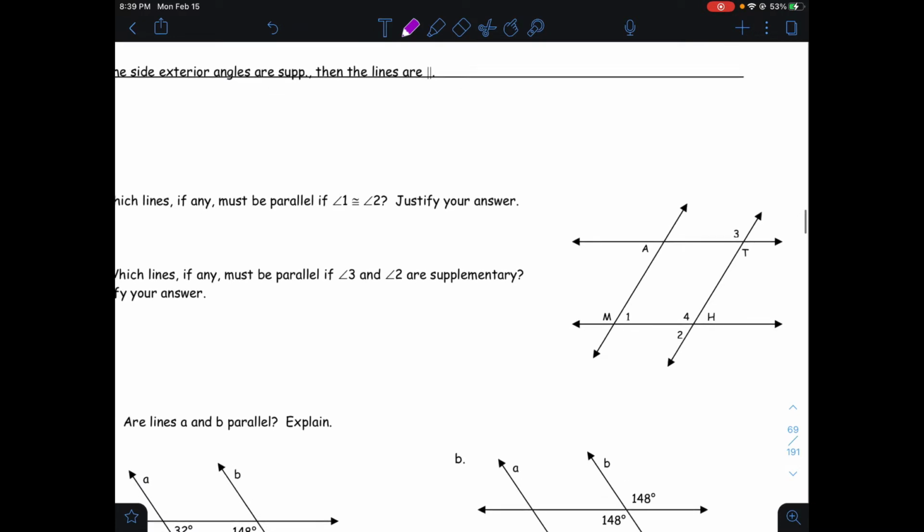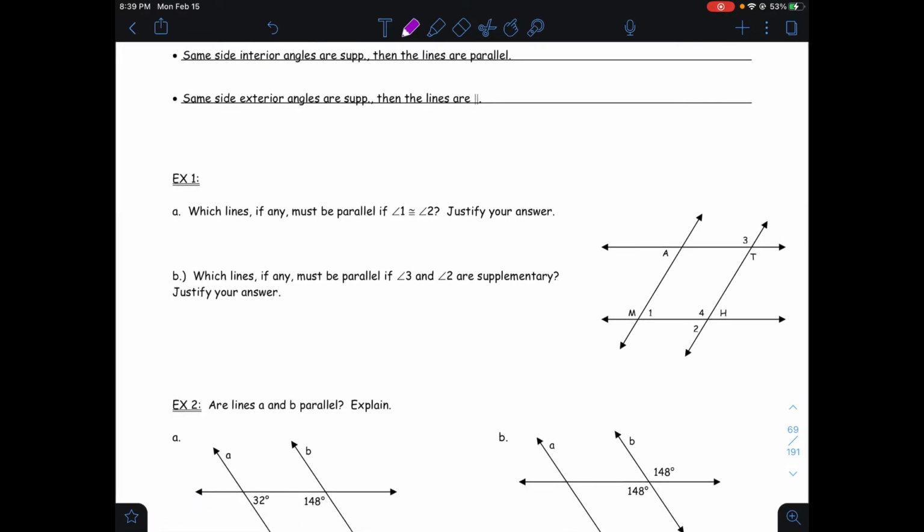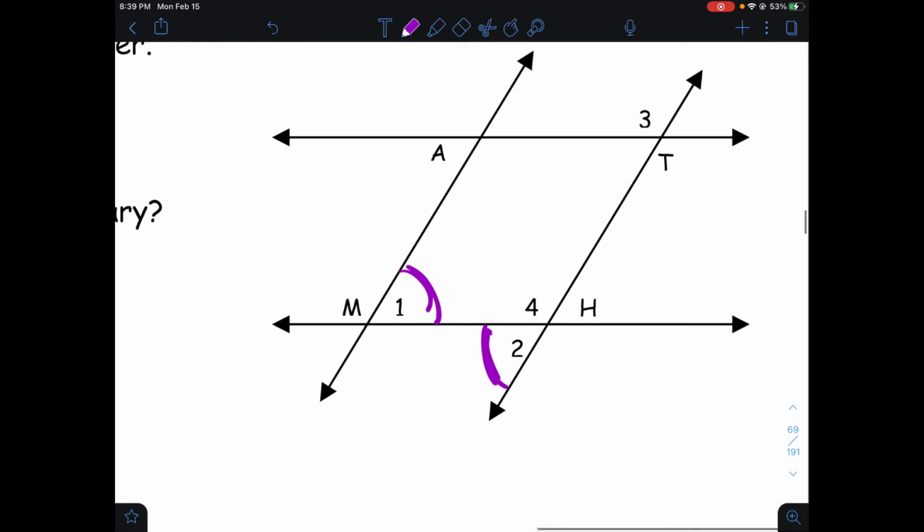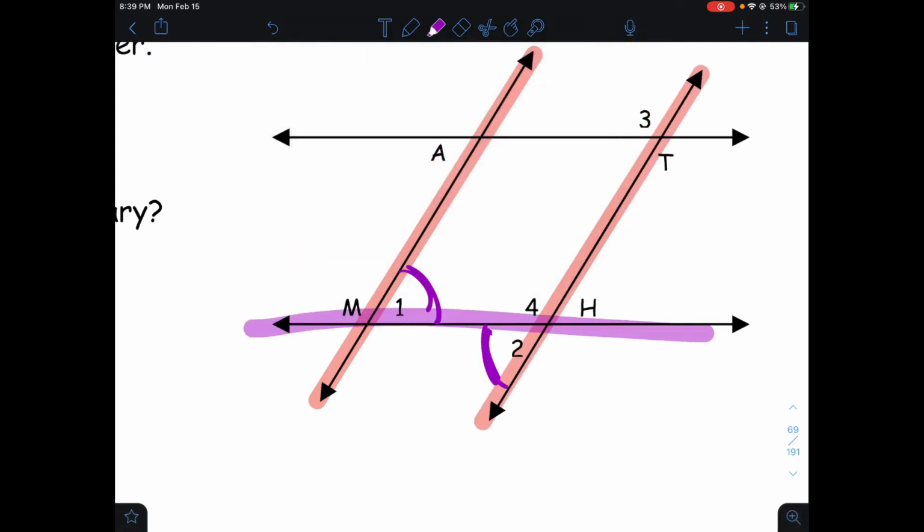Okay. So for example 1, it says, which lines, if any, must be parallel if angle 1 is congruent to angle 2? Justify your answer. So they say angle 1 is congruent to angle 2. So if we're looking here, that would mean that we could say that these guys are parallel because they're cut by this transversal.